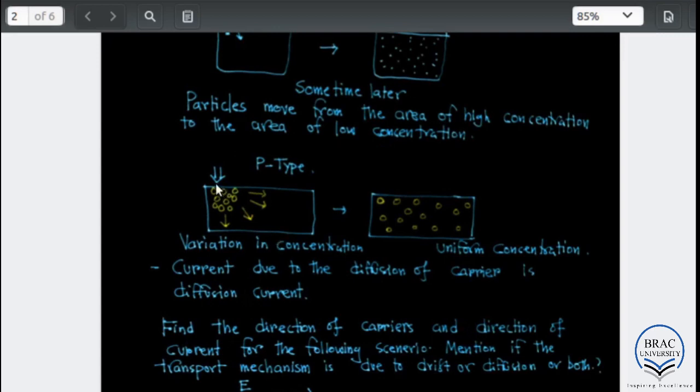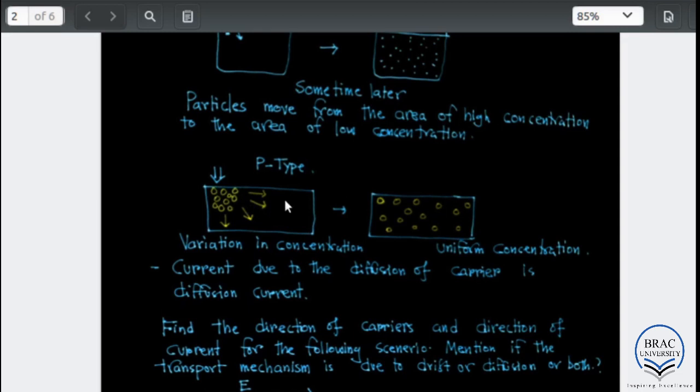So let's say we have a p-type semiconductor. At one corner, somehow we managed to inject a huge amount of holes. So clearly you can see at the top left corner, the concentration of holes is very high, but in the rest of the p-type material the concentration of holes is very low. So that means we have a variation in concentration.